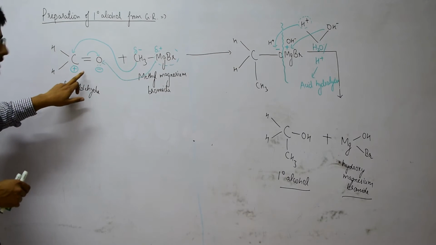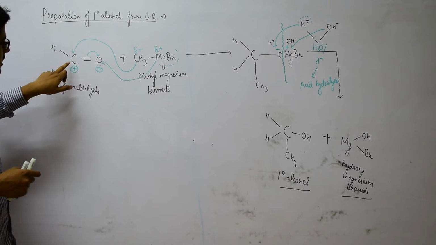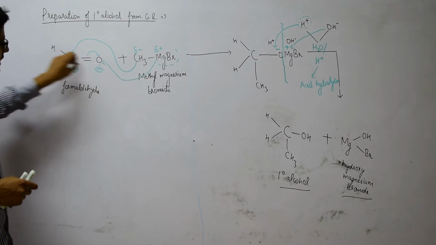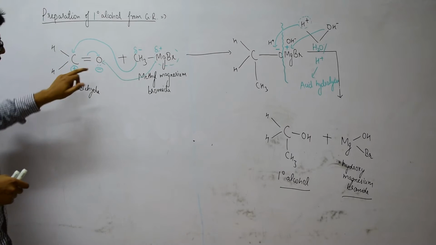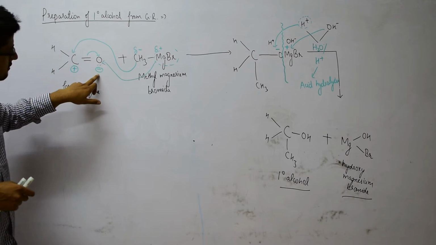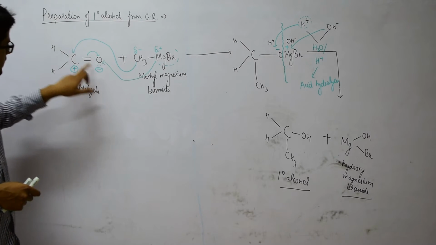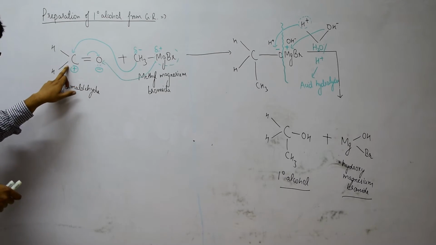Oxygen, being more electronegative than carbon, will take the shared pair of pi electrons towards itself, so 2 electrons would be accommodated over oxygen and a negative center will be developed, and the same amount of positive center at the carbon atom.